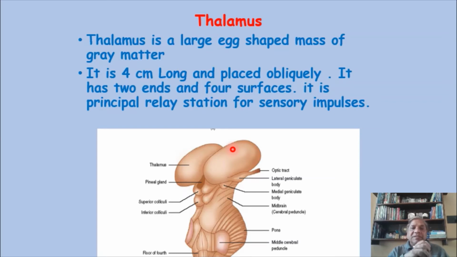Some sensations can also be perceived here, which we will discuss in the next video on its connections and functions. This is just a theoretical diagram; the thalamus is never seen like this.